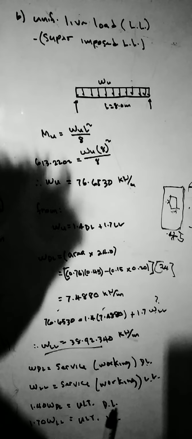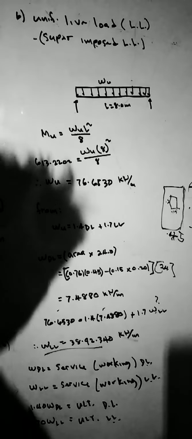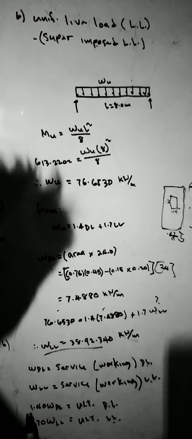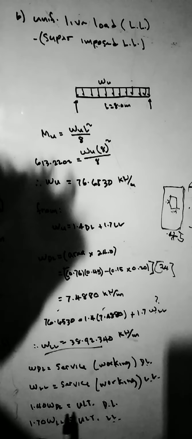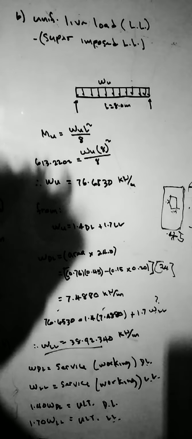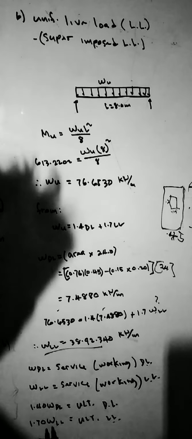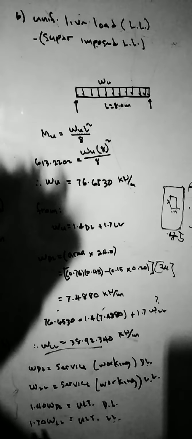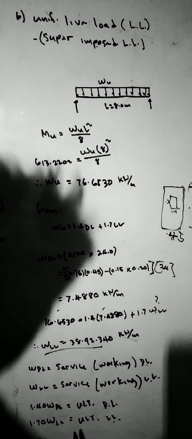For the ultimate dead load, you just multiply the service dead load by 1.40, and that is the ultimate dead load. And the ultimate live load is just the service load multiplied by 1.70.